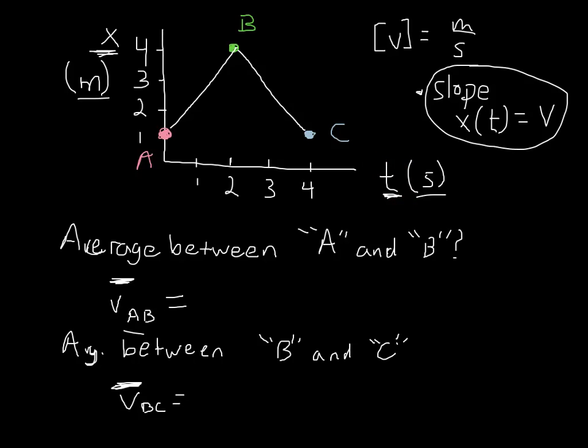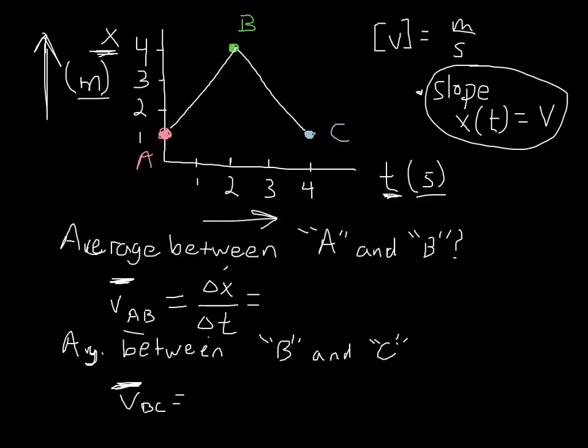To find the slope, I need the change in y over the change in x, or in this case, the change in x divided by the change in t. Remember, x is the y-axis, the up and down axis. t is the horizontal axis.